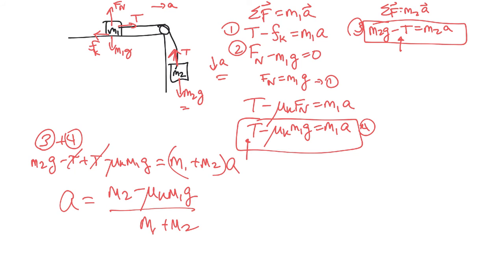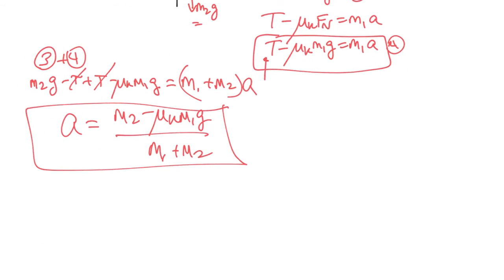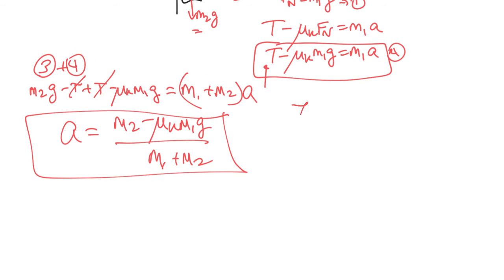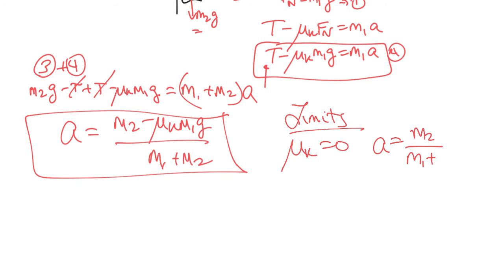And as always, when I get a result, I want to look at the limiting cases. What interesting thing happens when there's no friction? If there's no friction, I get A is M2 over M1 plus M2, times G. Oopsies, I forgot my parentheses here, guys. My bad.